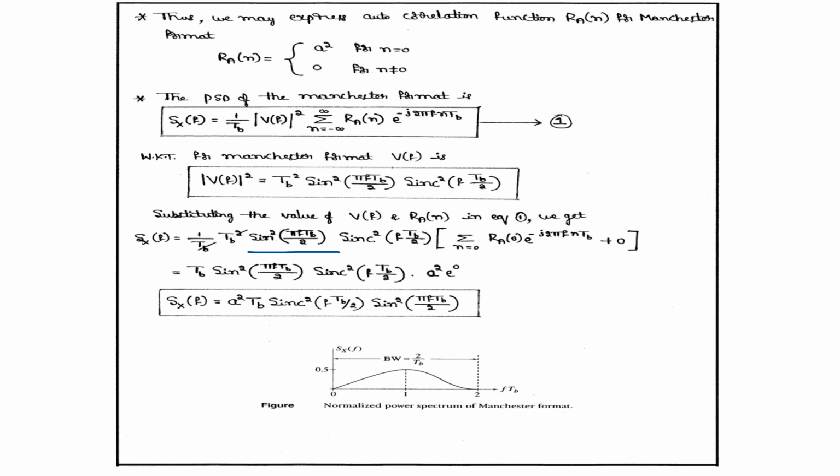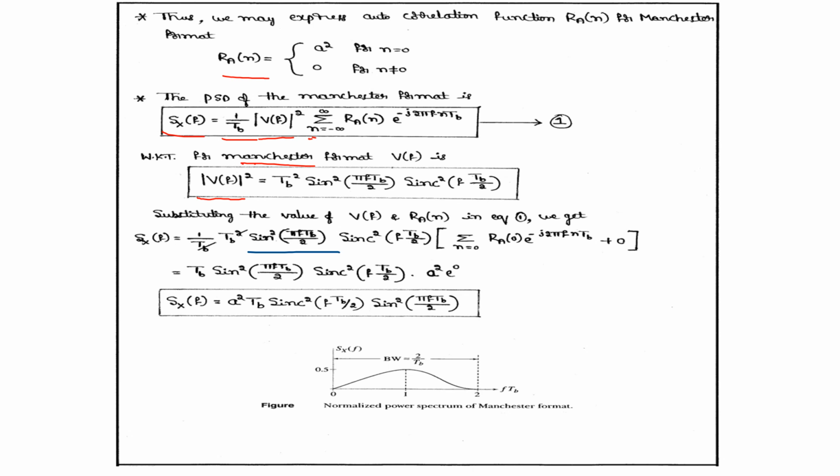Now we may express the autocorrelation function RA of n for Manchester format: RA of n is equal to A square for n equal to 0, and 0 for n not equal to 0. Substituting in the power spectral density equation for the Manchester format, x of f is equal to 1 by Tb, the magnitude of v of f squared, summed over n from minus infinity to plus infinity, RA of n e to the power of j 2 pi f n Tb. Now for the Manchester format, v of f squared is Tb sin square of pi f Tb by 2 over pi f Tb by 2, times sin square of pi f Tb by 2.